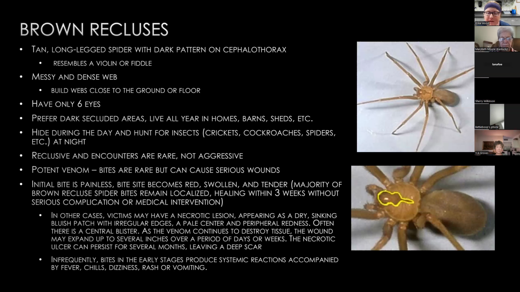As the venom continues into that tissue, this is where we get concerned, because that wound could expand over days or weeks. It could become an ulcer that persists and, if it's not taken care of, could leave a very deep scar. And then you've got, this sounds disgusting, dead flesh around that area.